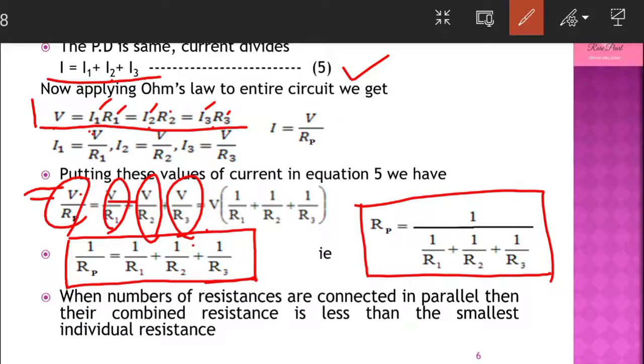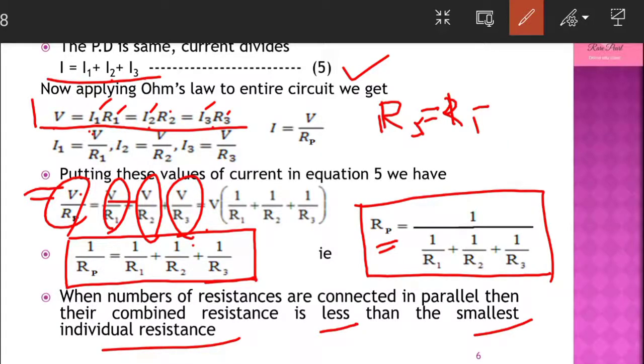See, when we calculate the total resistance in parallel circuit, the total resistance will be less than the smallest of individual resistance. Okay, so this I will make you understand. Similarly, when we go for the series connection, the total resistance is equal to R1 plus R2 plus R3, isn't it?